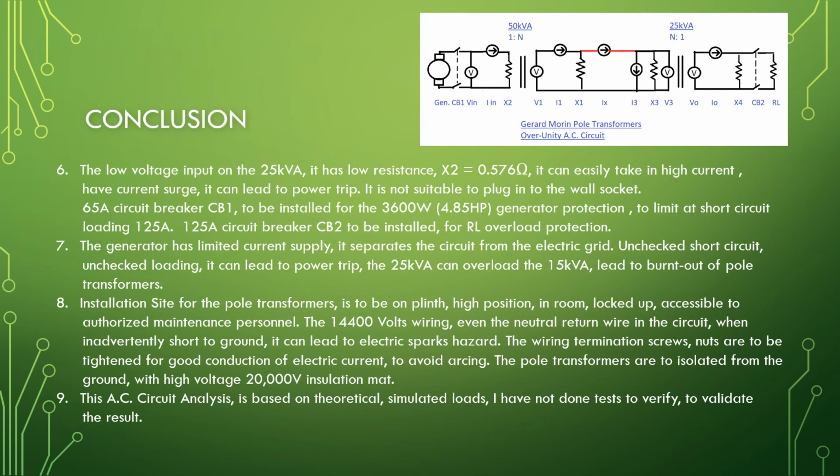The wiring termination screws, nuts are to be tightened for good conduction of electric current to avoid arcing. The pole transformers are to be isolated from the ground with high voltage 20,000 volt insulation mat.